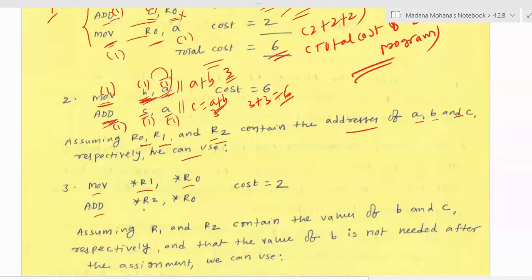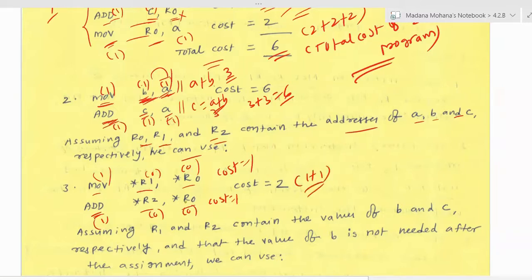Now the second one, add pointer R2 comma R0. Here for registers the cost is 0. Here also 0. Only for the instruction it takes 1 cost. So the first line cost equals 1. Similarly for add the cost is 1. For registers the cost is 0. So the second line cost equals 1. Therefore total cost, you will get 1 plus 1. So this is the total cost of this program.